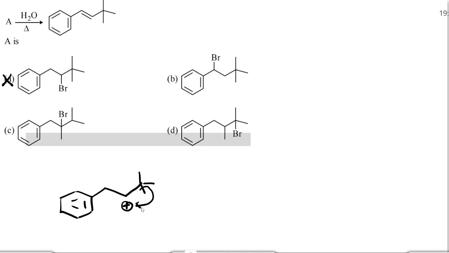So there is a 1,2 methyl shift to form a more stable carbocation. Got it? So it should be like this.